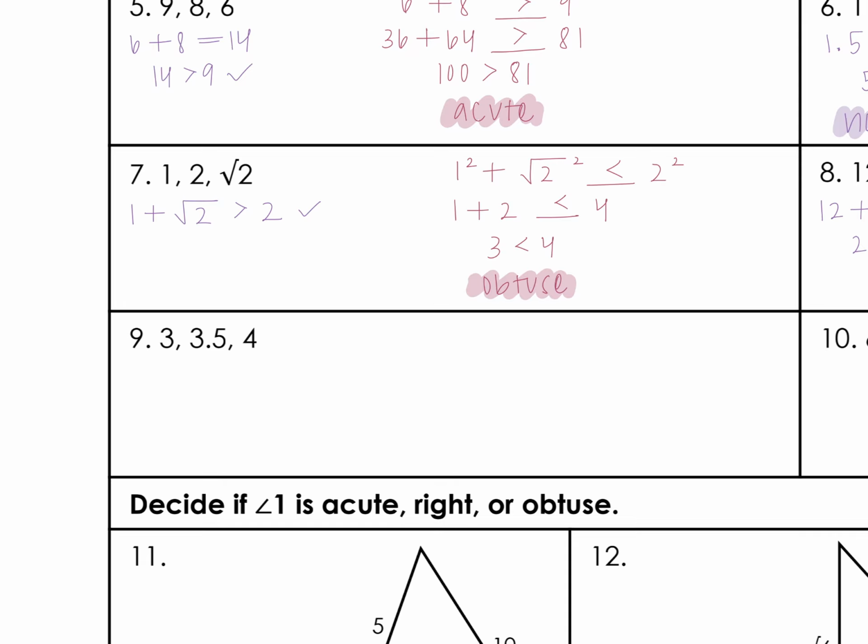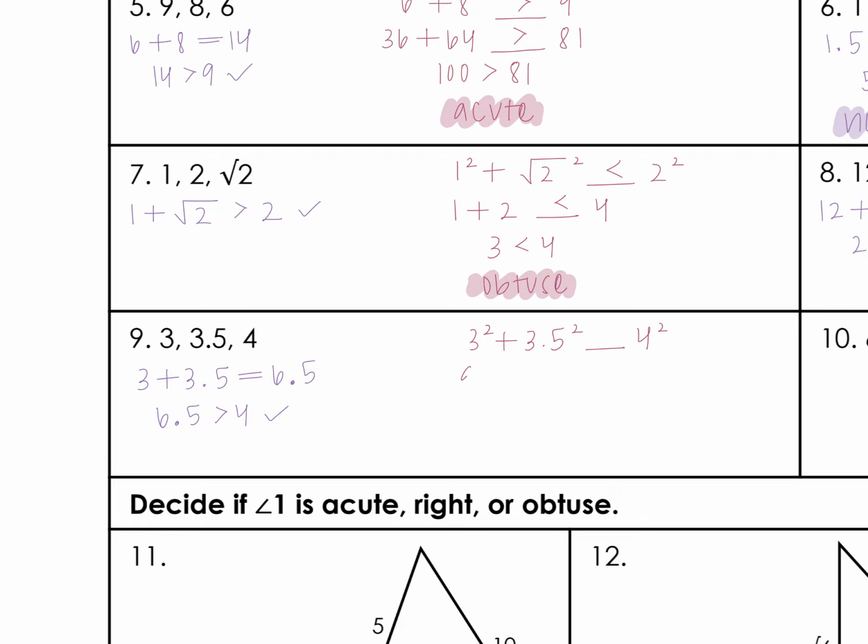In number 9, we're going to have that 3 plus 3.5 is going to give me 6.5, which is going to be greater than my 4. So we have a triangle. So plugging in, we'll get that 3 squared plus my 3.5 squared, and then we'll have 4 squared over here.